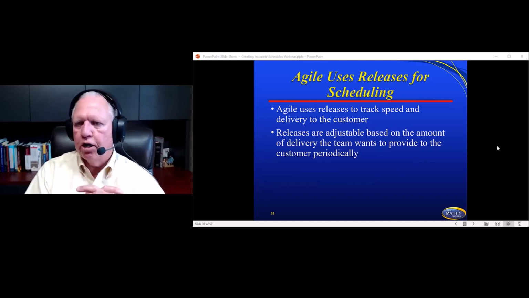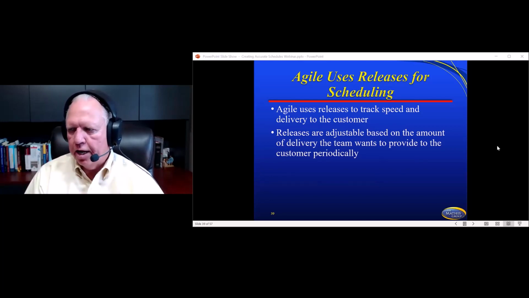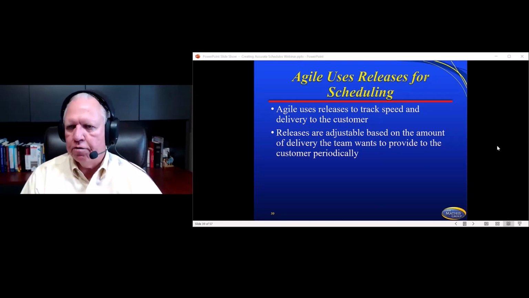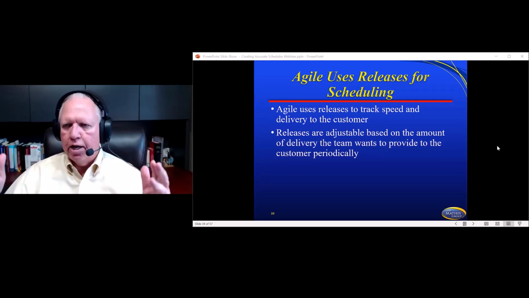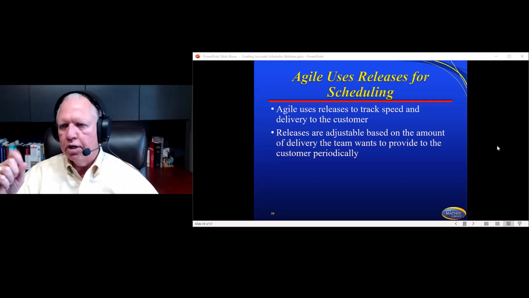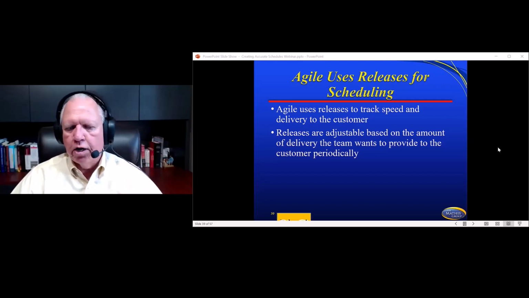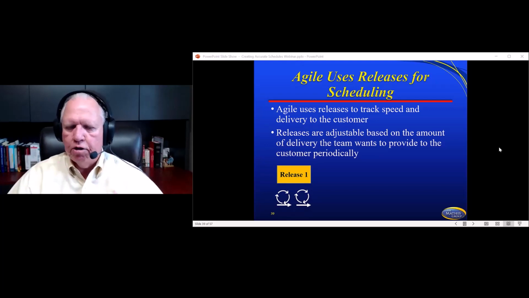The customer starts working with those, starts telling us what they like or don't like, and then we start making changes and adjustments for that. But that's not a release. That's just one of the sprint handoffs that we give. So in your plan, you might have that for every 5 handoffs, that's one release. And then the next 5 handoffs, that's release number 2. And so you can run your schedule very committed to these releases.